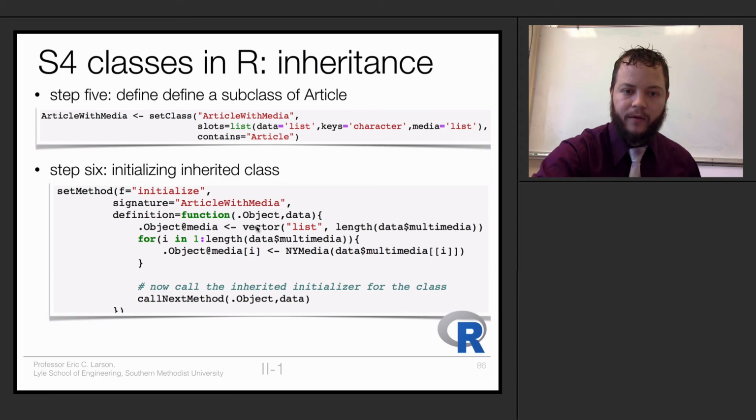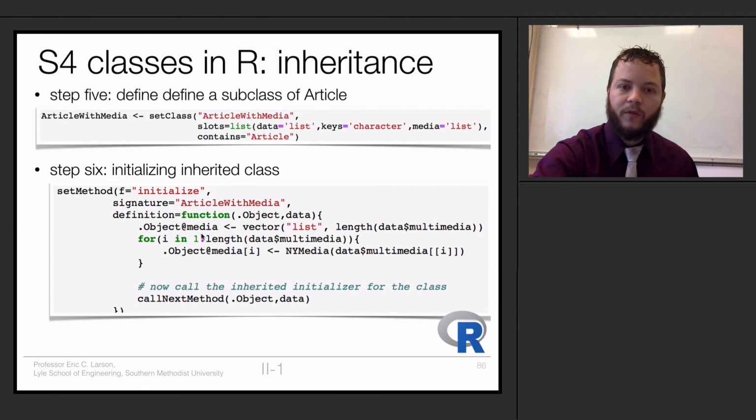The function that we get is we pass in the object and some data vector that we have right here. And now I'm going to say, okay, well, object at the media right here that we've defined, that's going to be a list of length data at the multimedia right here. So I say, okay, well, whatever multimedia was, however long that is, create a new vector and save it in object.media.